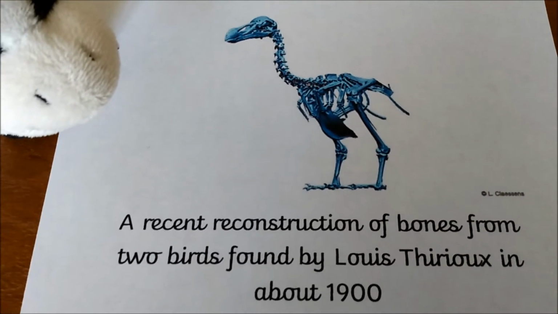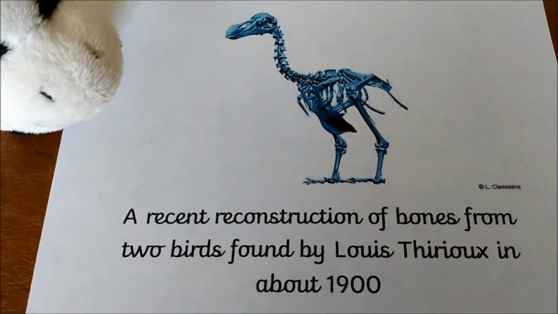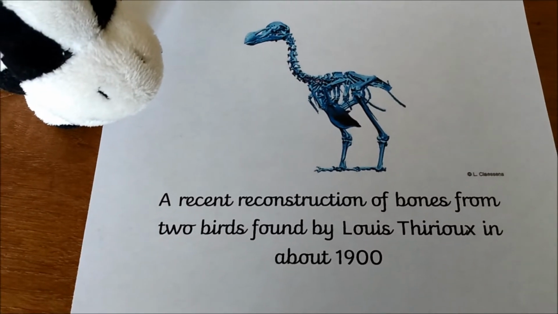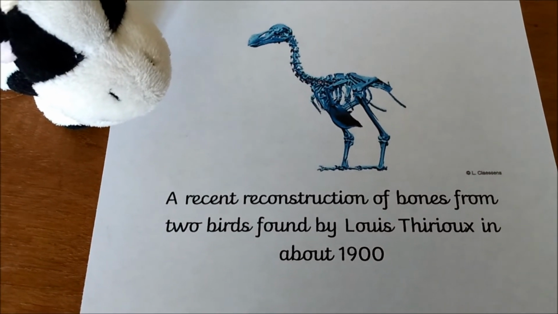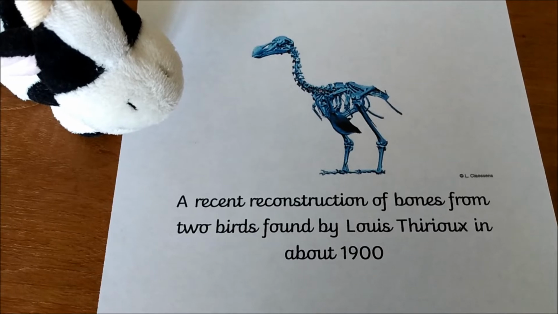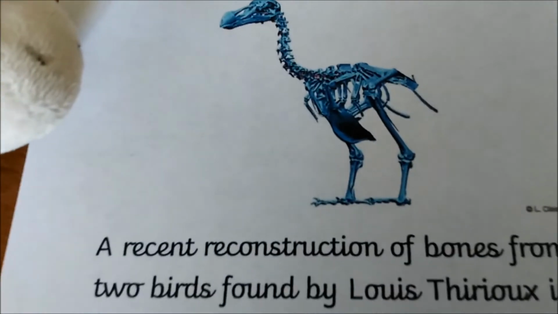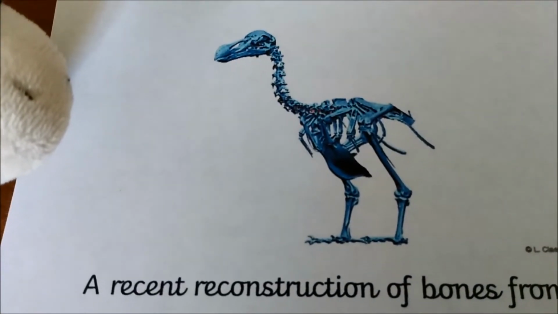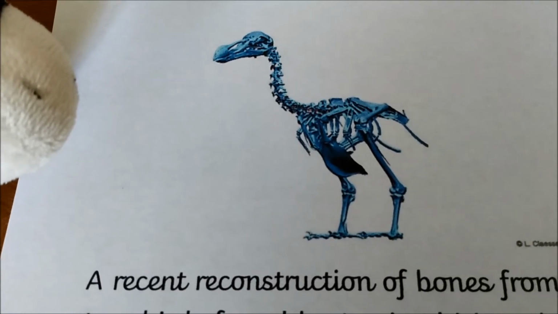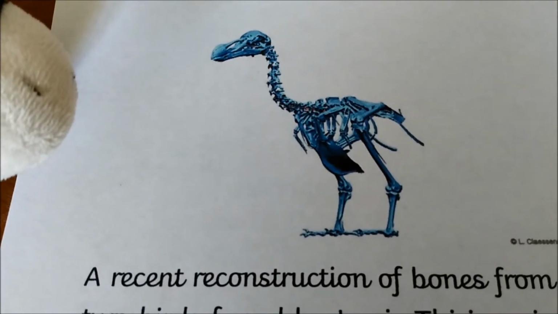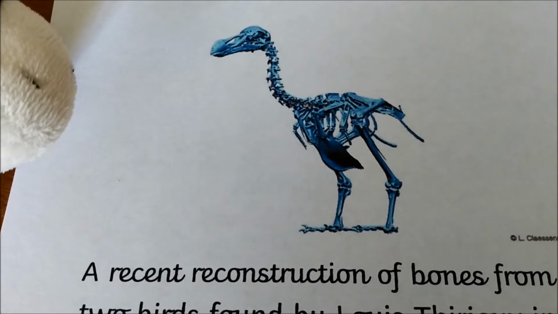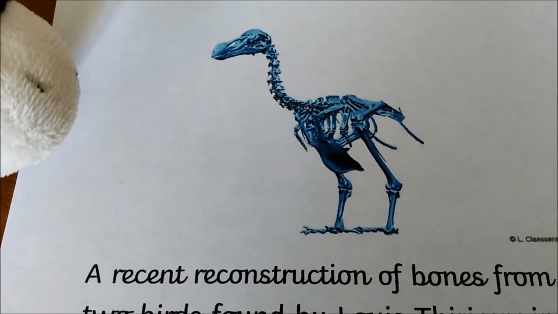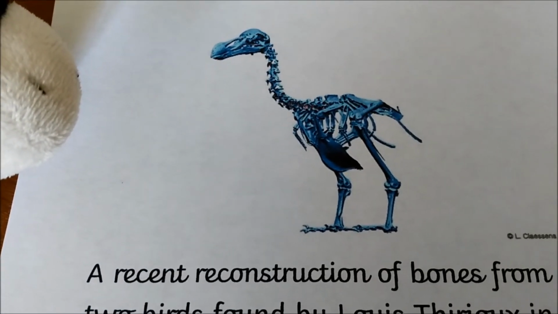But the bones were discovered quite a long time after dodos had become extinct, and they were certainly put together very, very recently. Now, when you look at this image, it reminds me of a dinosaur. And the history of dinosaur understanding teaches us that we had a very wrong interpretation of how dinosaurs actually looked based on their bones.